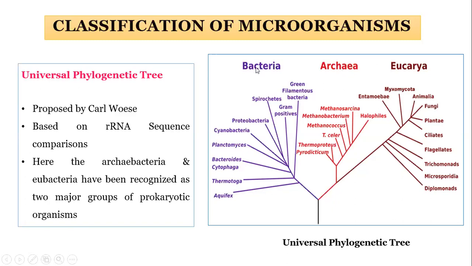Bacteria and archaebacteria are recognized as the two major groups of prokaryotic organisms, and the rest of the organisms come under eukarya, that is eukaryotic cells. So this is the universal phylogenetic tree and universally accepted classification of living organisms.